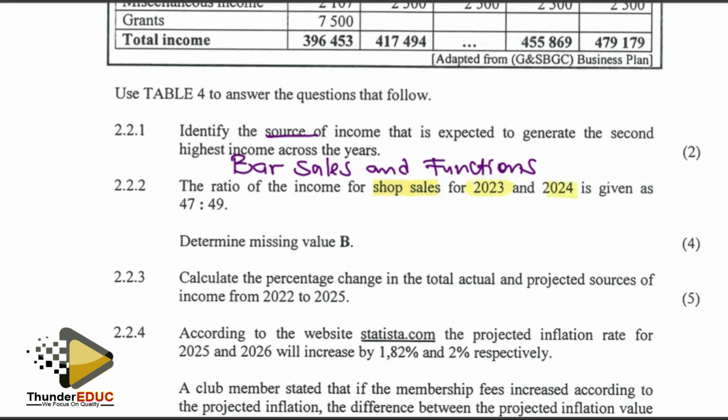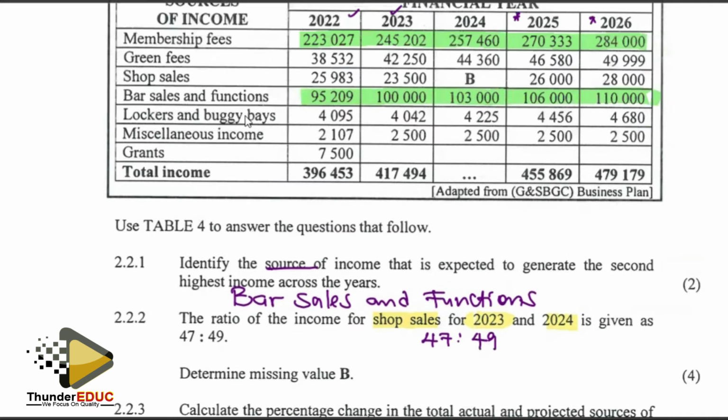So first and foremost, I will need to write that down. It's a B that's missing. So 2023, it's 47, and we put its value the way it is to B.